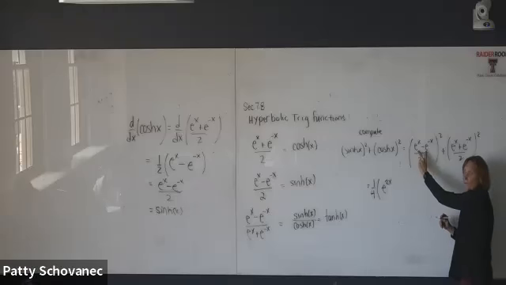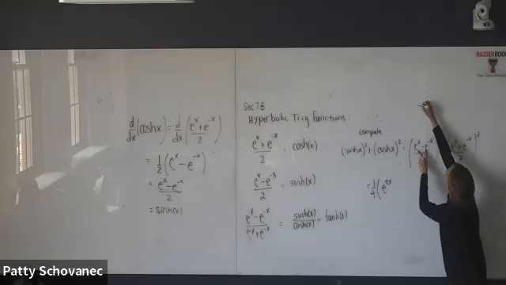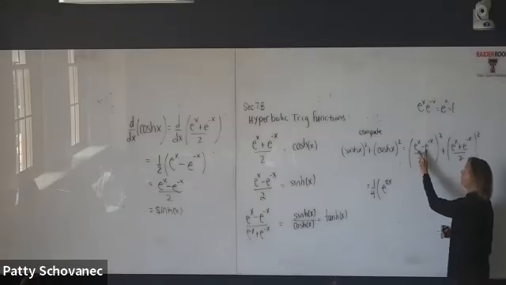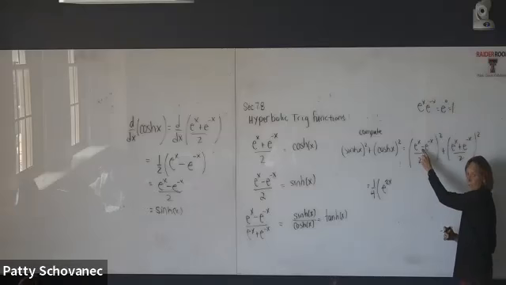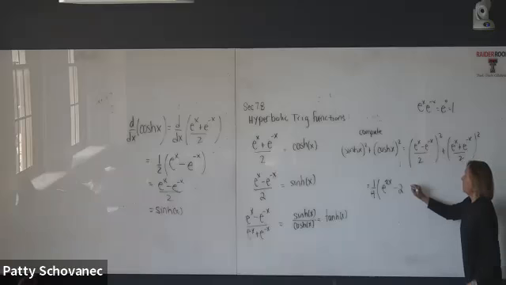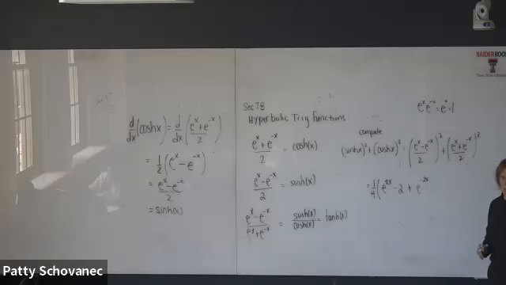Well, what do you get when you multiply e to the x with e to the negative x? When you multiply like bases, you add exponents. So you get 1. We're going to get that done twice with a minus sign, so we're going to get a -2 here. And then the last term will be plus that last variable. E to the minus x all squared gives you e to the -2x.